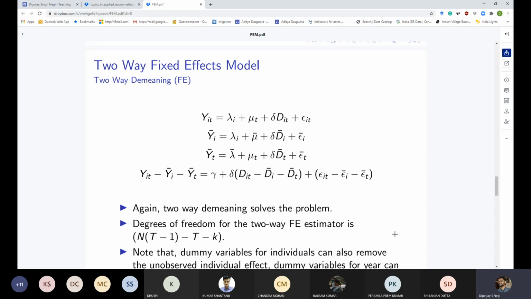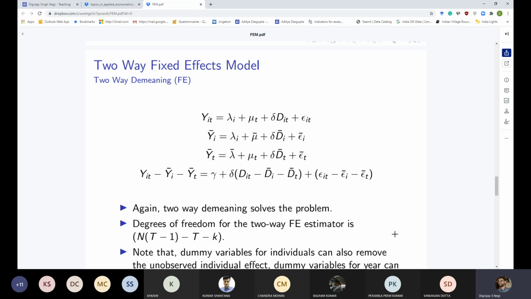So this mu t is exactly like lambda i. The only difference is that, rather than varying across individuals, it varies across time periods. And this mu t will account for those kinds of aggregate shocks that, if omitted, may also confound your delta, right? So oil price shocks, for example, which are global aggregate shocks.